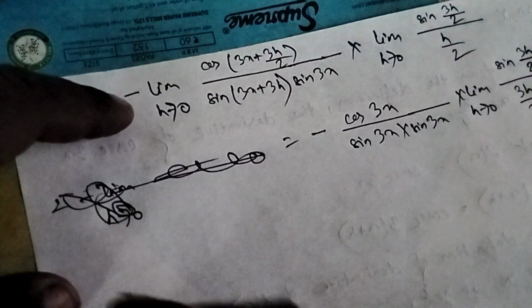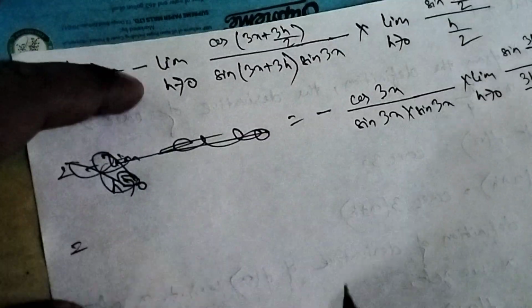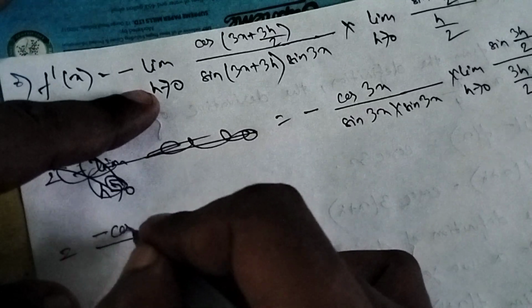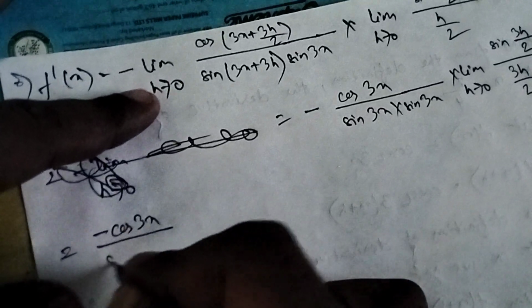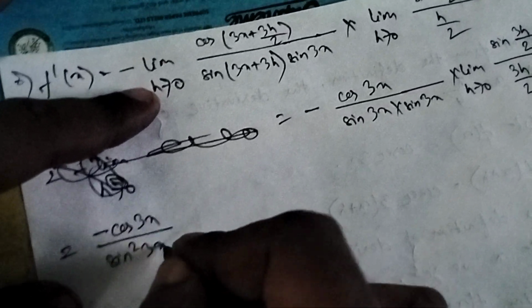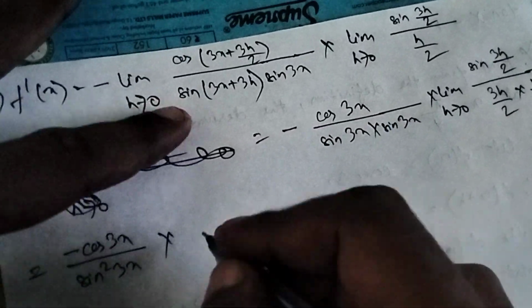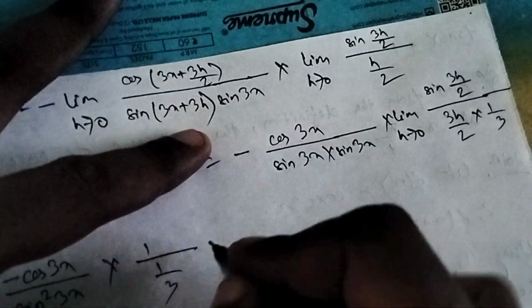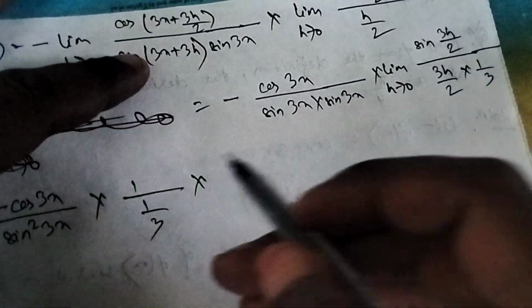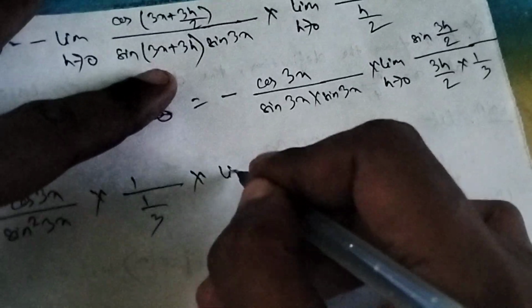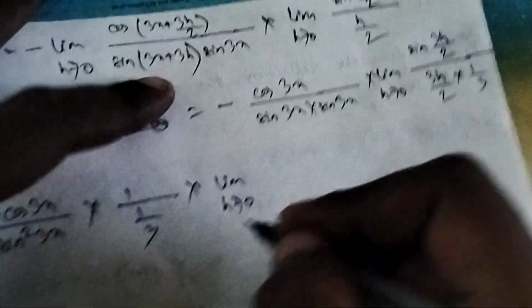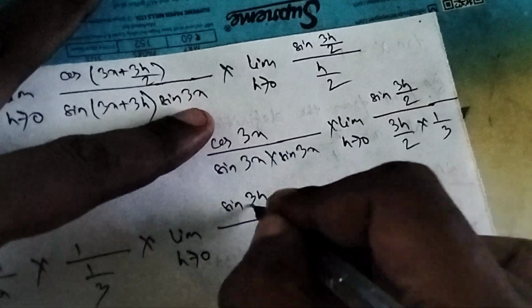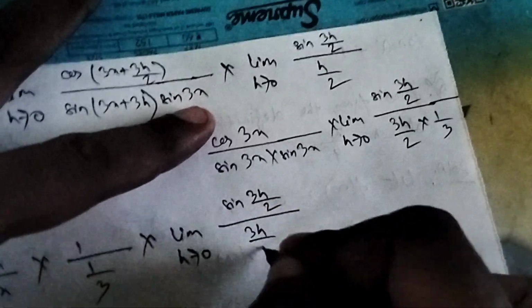Okay, so this will be minus cos 3x by sine squared 3x into 1 by 3, this 1 by 3 will come out, into limit h tends to 0 sine 3h by 2 over 3h by 2.